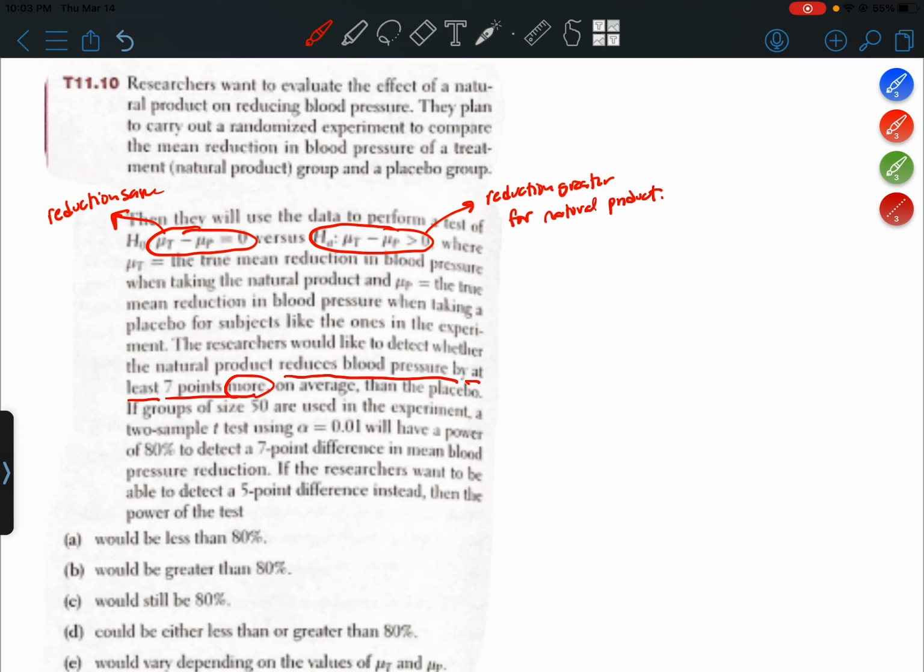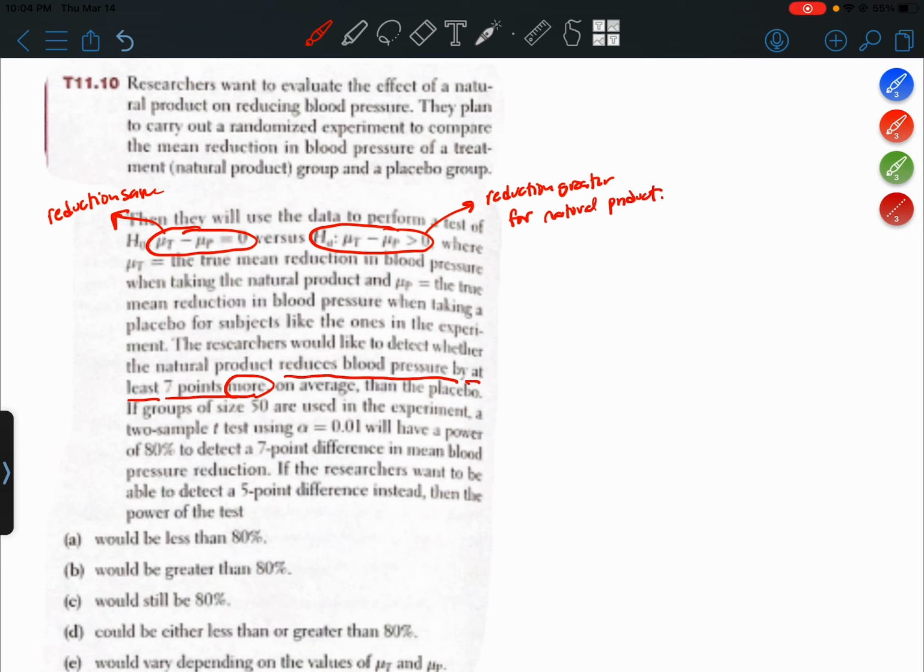Okay, so a 7-point difference is pretty big compared to no difference at all, right? No difference at all would be a 0-point difference, and a 5-point difference would be smaller. So I'm thinking that it's easier to detect a bigger difference than a smaller difference.